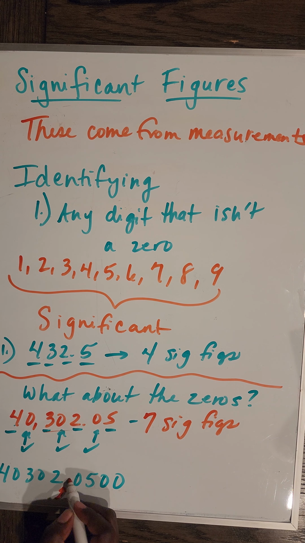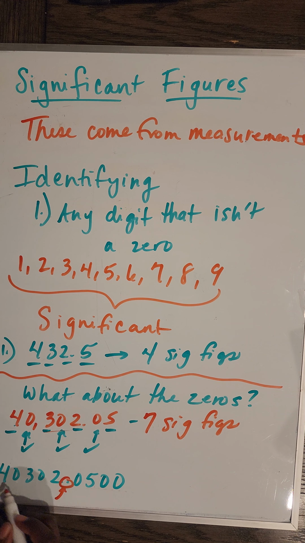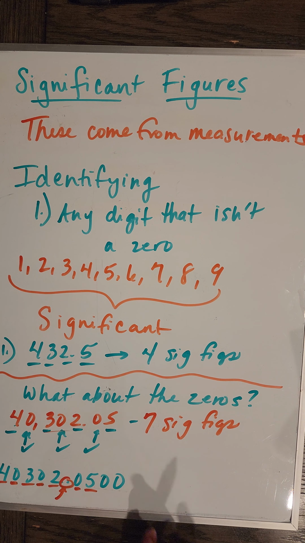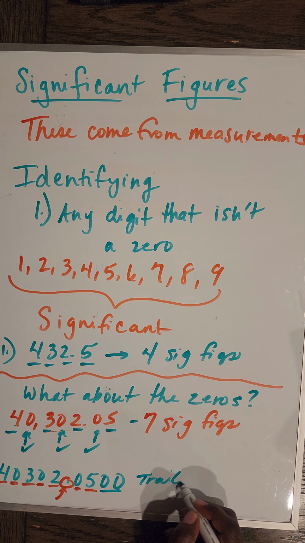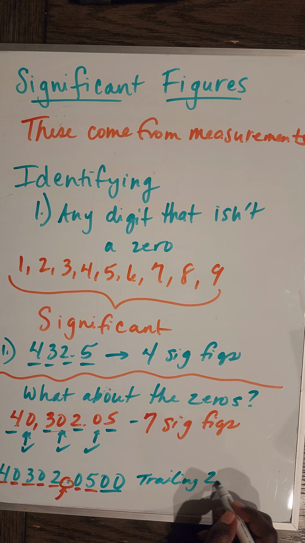Now you see this decimal right here? That decimal works wonders. Because we already know that 4, 3, 2, and 5 are significant, and the 0 between the 4 and 3, the 0 between the 3 and 2, and the 0 between the 2 and 5 are also significant. So that leads us to question these 2 zeros here. These are what we call trailing zeros because they trail the other numbers.